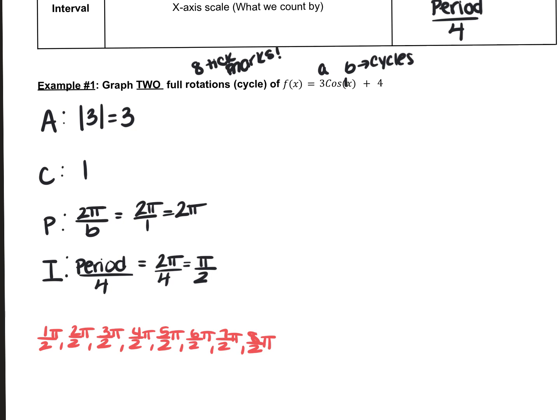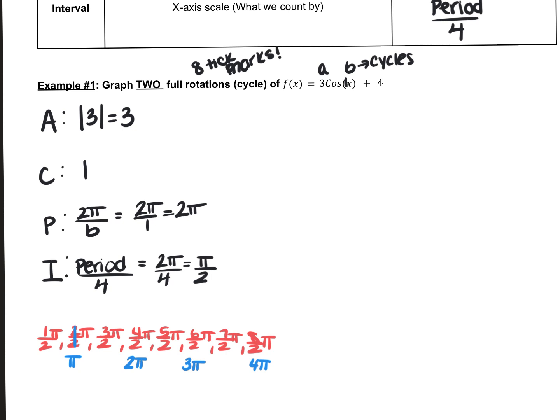So let's simplify this. These can simplify to pi, this can simplify to 2 pi, this can simplify to 3 pi, and this can simplify to 4 pi. So we've got our 8 tick marks.